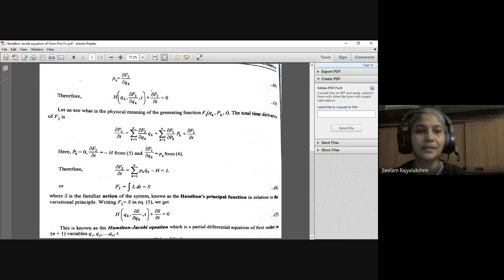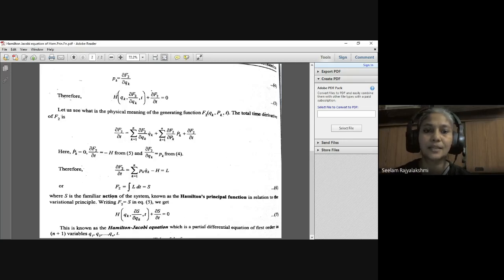Here S is the familiar action of the system, also known as Hamilton's principal function in relation to the variational principle. So writing f2 equal to S in equation number 5, we obtain h of qk, dou S by dou qk, comma t, plus dou S by dou t equal to 0, which is equation number 7.